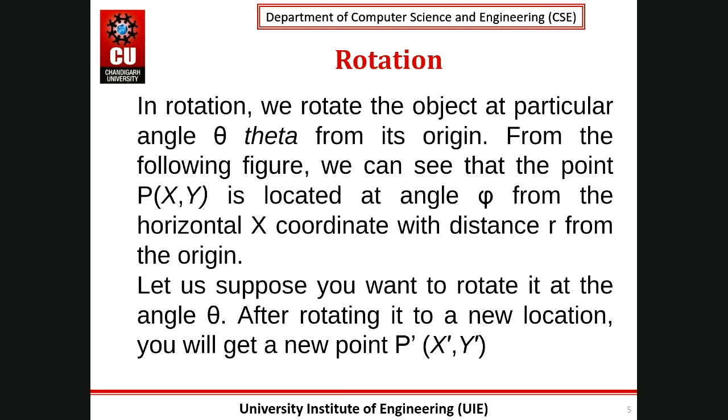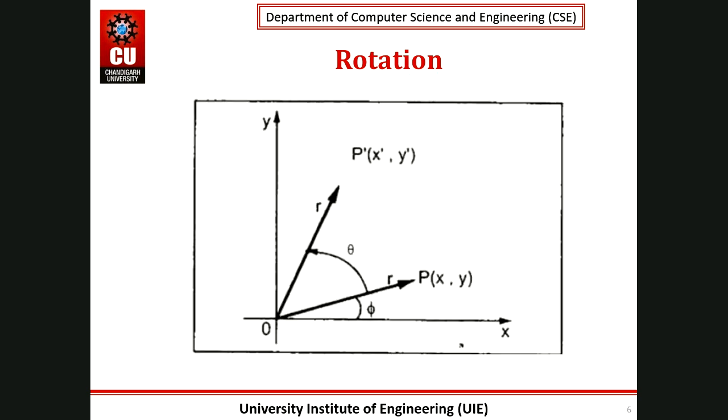Now we will discuss the rotation term. Rotation is nothing but rotating the object with respect to an angle theta. Let me give you a scenario where a point P is given to us, making an angle phi, and it is rotated by an angle theta, making a new point P dash (x dash, y dash).